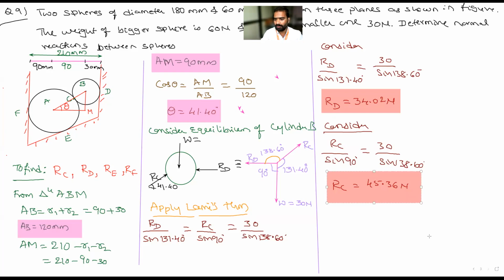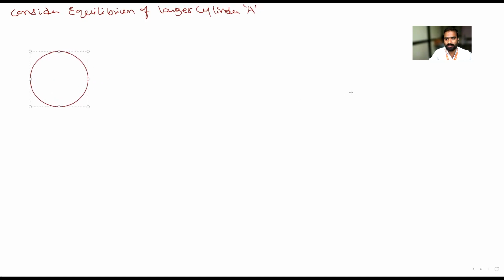Once you know RD and RC, the next step is to consider the equilibrium of the larger cylinder. Now consider this larger cylinder. What are the forces acting on this cylinder?